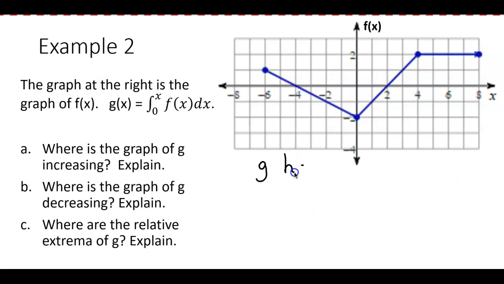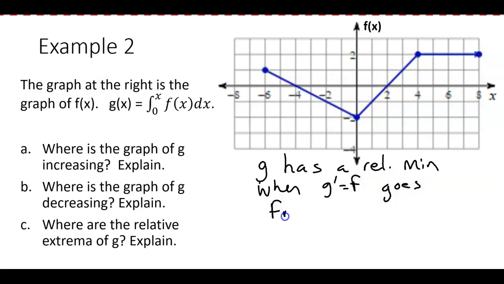So g has a relative min when g prime, which is f, goes from what to what? Which is at what? There you go. All right, so that's the example.